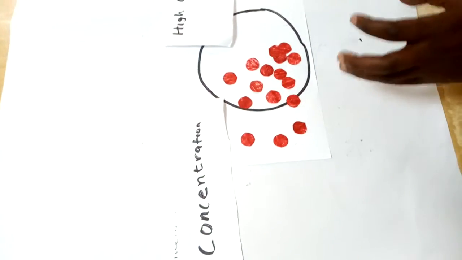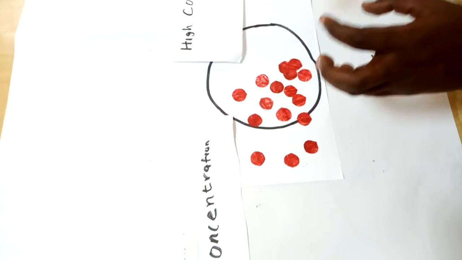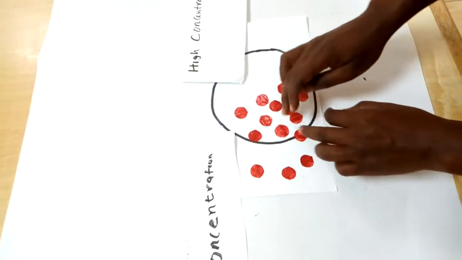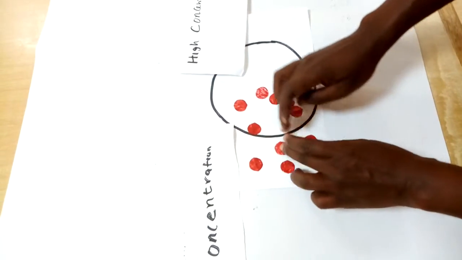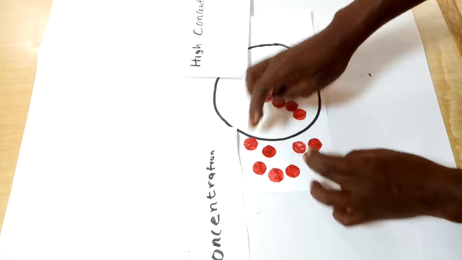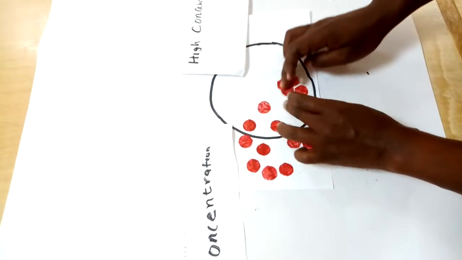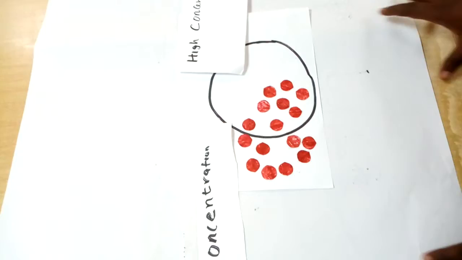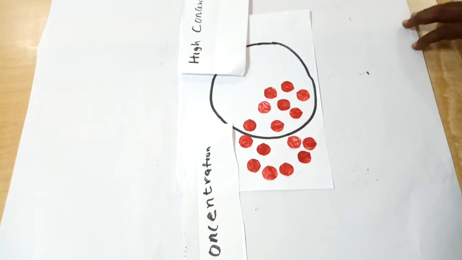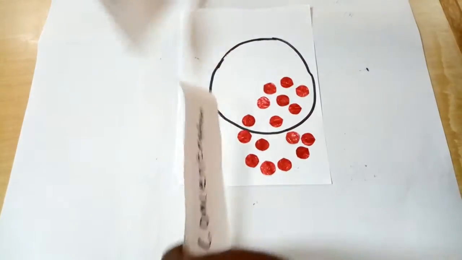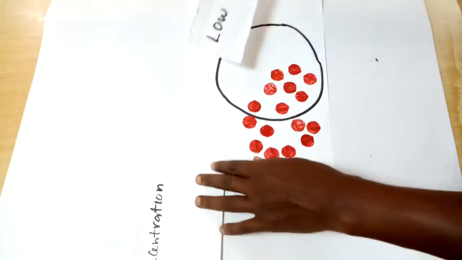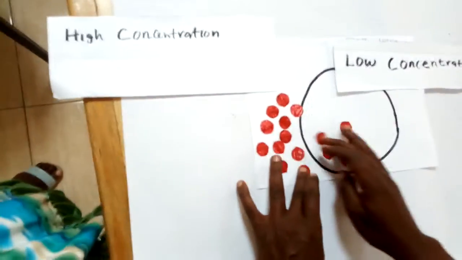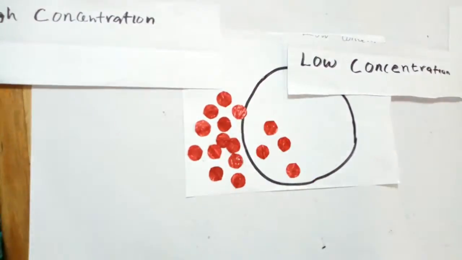For the case where particles are in higher concentration, we expect them to move to the area where they are in low concentration until an equilibrium is reached. The same can occur in reverse, where the solution outside the cell has a higher concentration of particles than inside the cell.